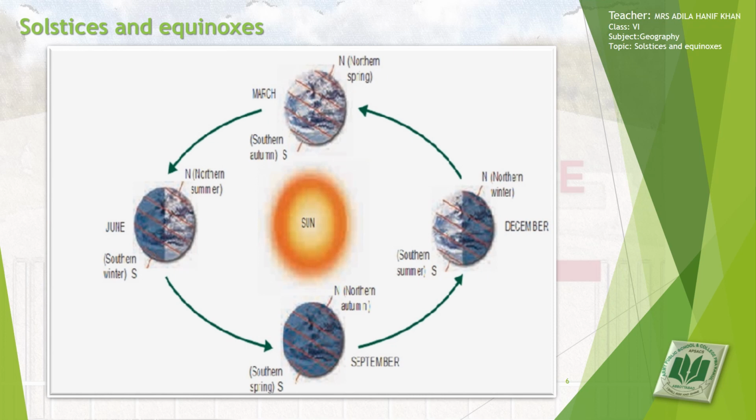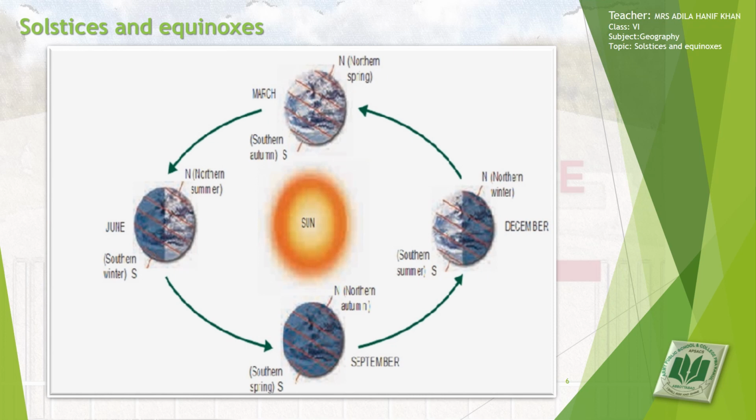Students, what is the difference between equinox and solstice? In simplest terms, an equinox represents a day with equal duration of day and night, that is March 21st and September 23rd, and thus we have a spring and a fall equinox.